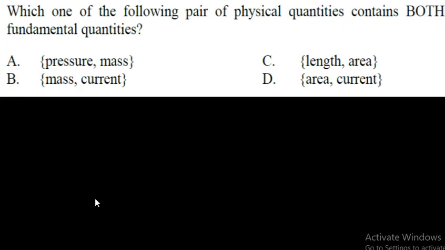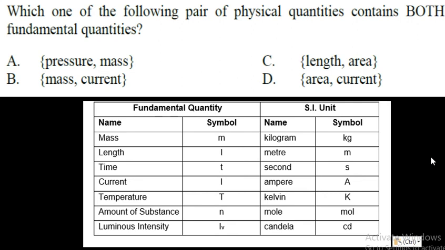The next question: which one of the following pairs of physical quantities contains both fundamental physical quantities? At this point, again, try to recall the 7 fundamental physical quantities, and the others are derived physical quantities. Here they are, the 7 fundamental physical quantities.